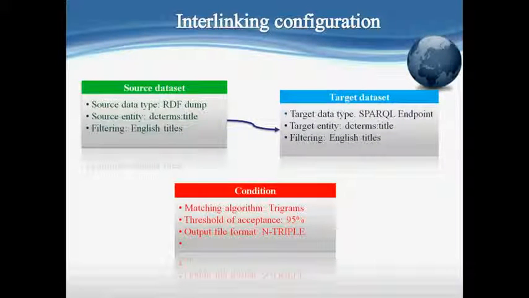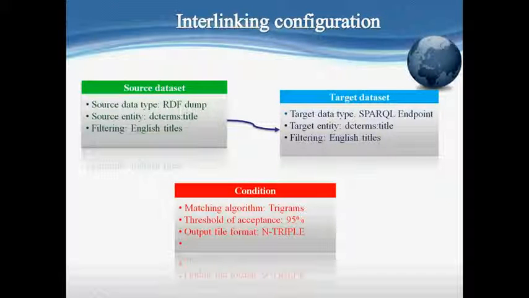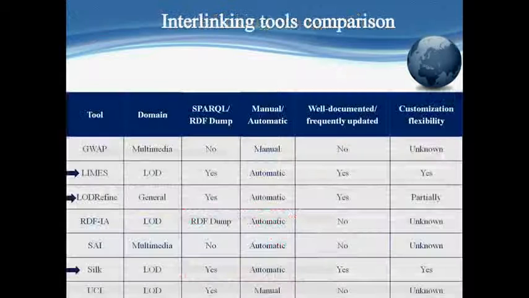And the other specification, like what is the output format and something like that. So after specifying the source and target configurations and with some conditions, the interlinking tool gets the results according to the configuration that you mentioned.